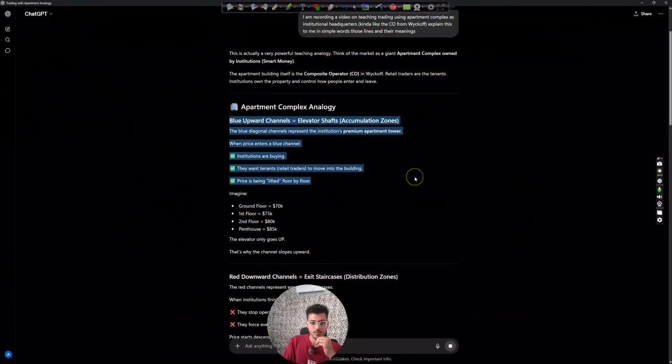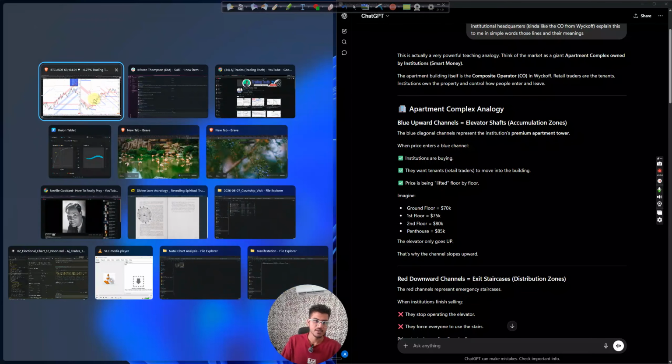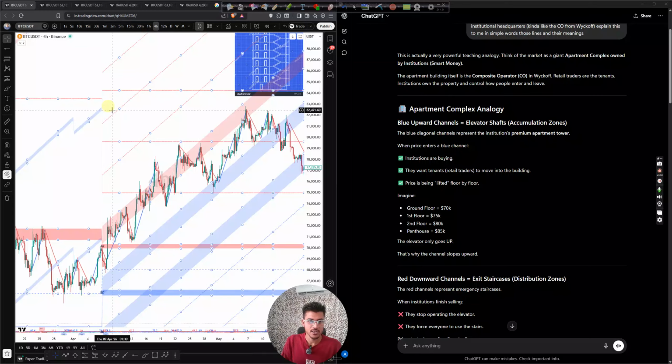Blue upper channels, elevator shafts, accumulation zone. The blue diagonal channels represent the institutional premium apartment tower. When price enters a blue channel, institutions are buying, they want tenants, retail traders, to move into the building.